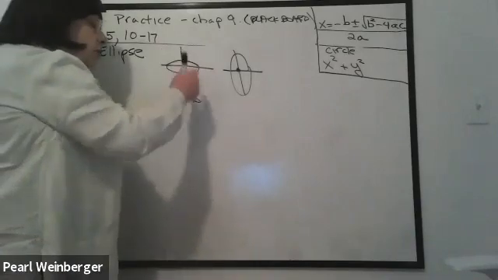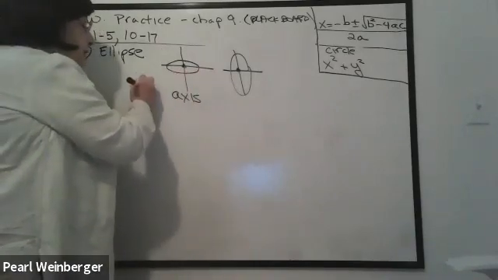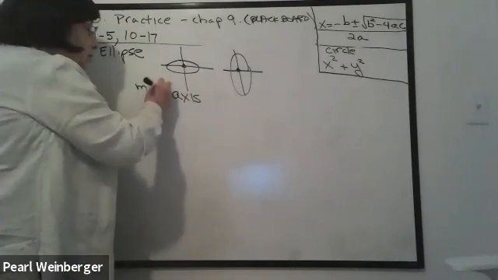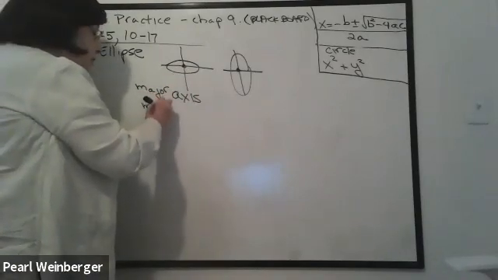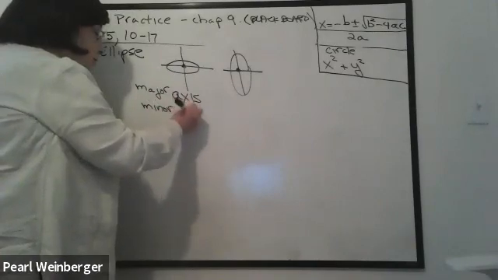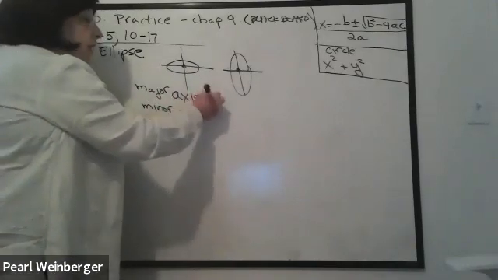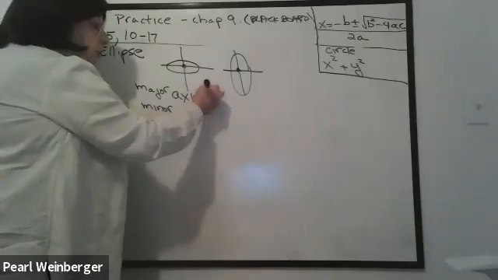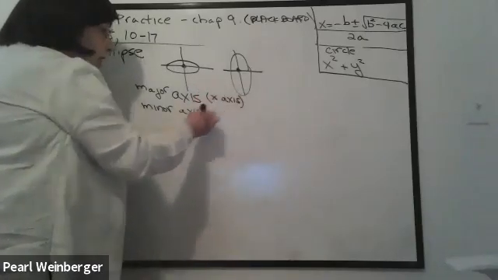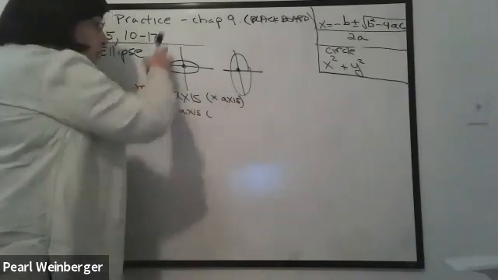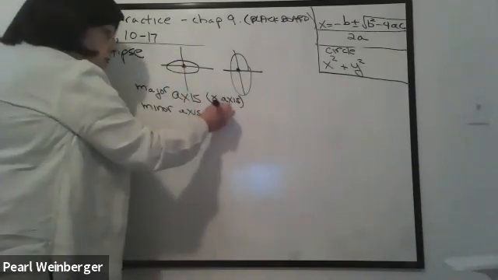The longer axis is called the major axis. The shorter one is called the minor axis. In this case, the major axis is along the x-axis. It's horizontal. And the minor axis is along the y-axis.